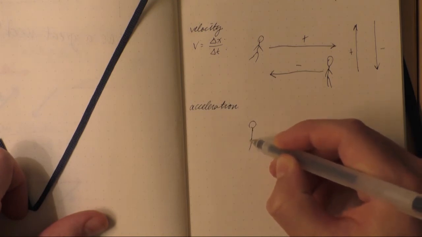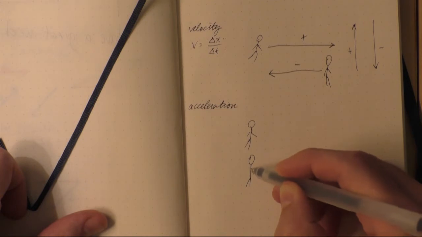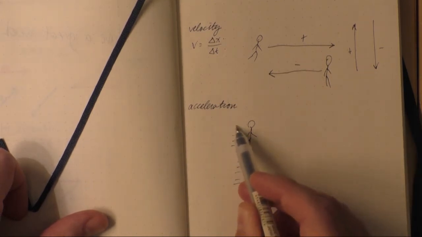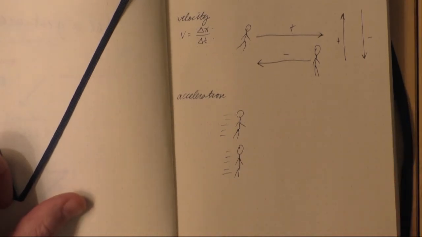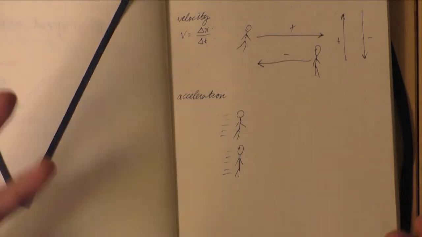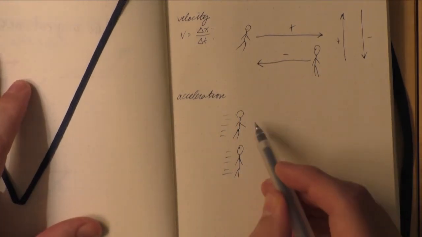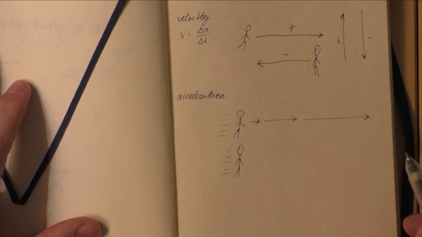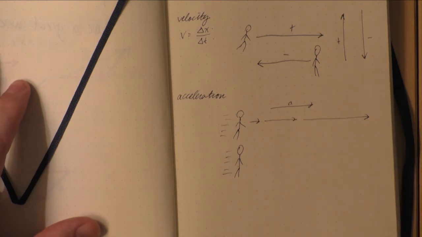If we have two people moving to the right, it's not just which direction they're moving that determines their acceleration. It's how their velocity is changing. So if this person started slowly and sped up as they moved, then that person would have a positive acceleration because they're speeding up to the right.